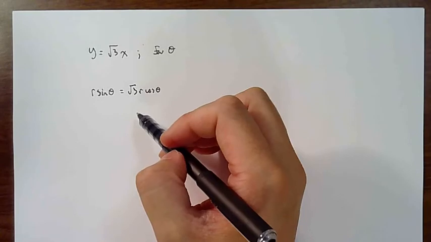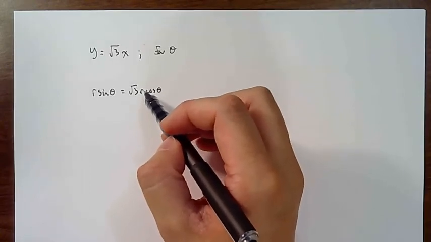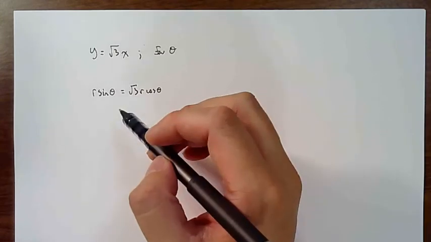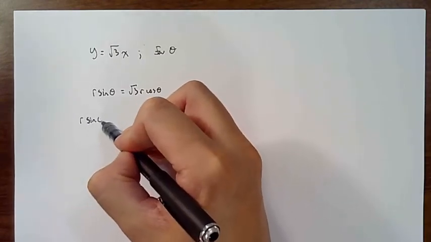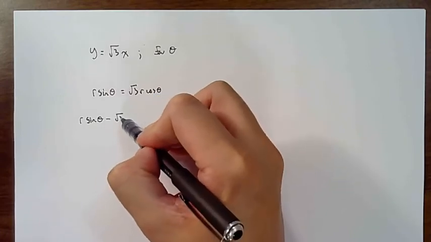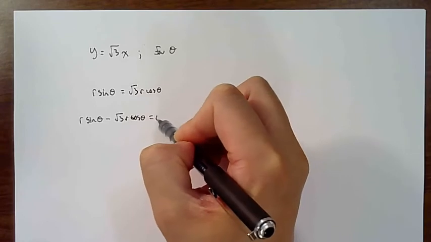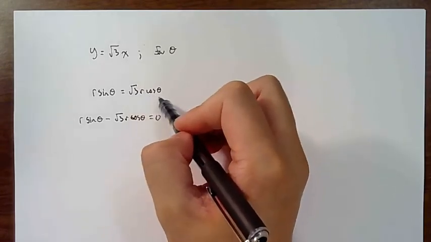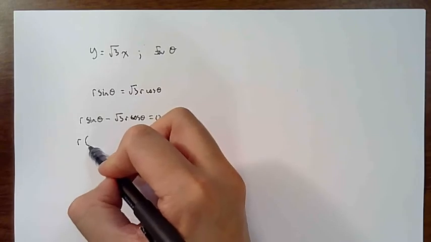Okay, well, we don't want all these r's together. We can move everything to one side like this. So we subtracted the square root 3 r cosine to the left-hand side here, and then I'll factor out the r.